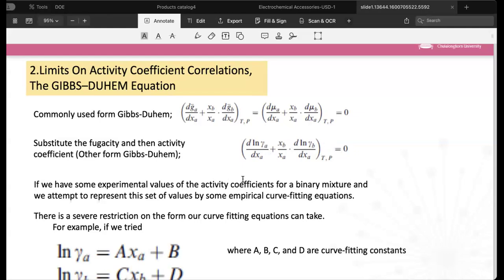You cannot just arbitrarily write the activity coefficient model, because the configuration must follow the Gibbs-Duhem equation.